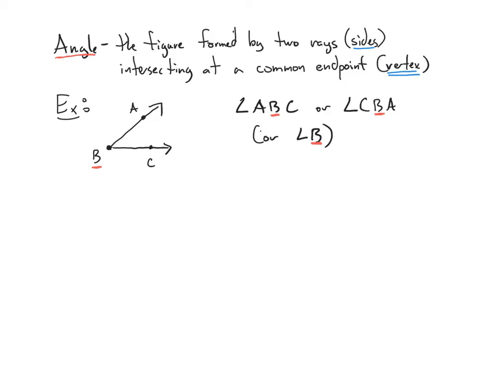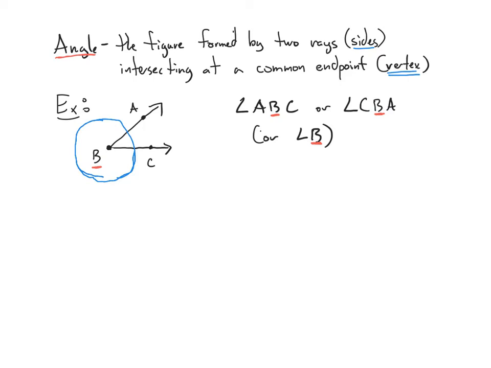Now, when we do have an angle, we want to talk about the interior and exterior of the angle. And what does that mean? Well, if we draw a circle around our angle, where the center is the vertex of the angle, so imagine that this is a circle. It's not the best circle, but that's fine.